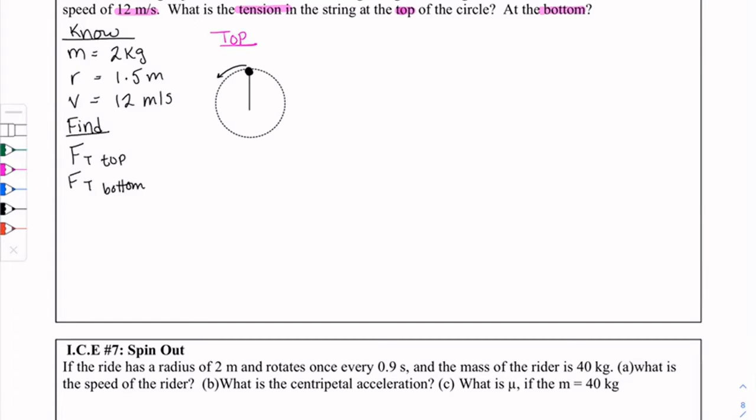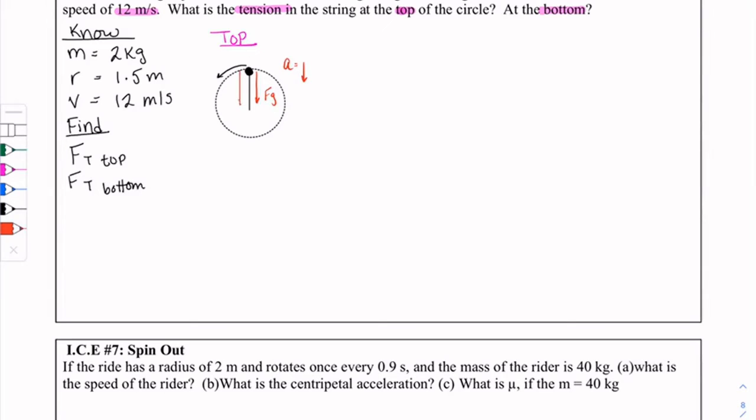So if I'm looking at the forces here at the top, I'm going to have the acceleration, first of all, is going to be centripetal acceleration, which is towards the center. Okay? I'm going to have an FG downwards, and my tension, always remember the tension is parallel to the rope and away from the object.